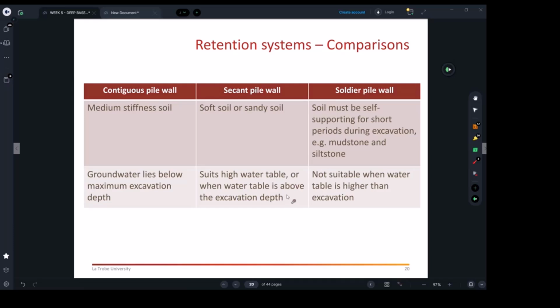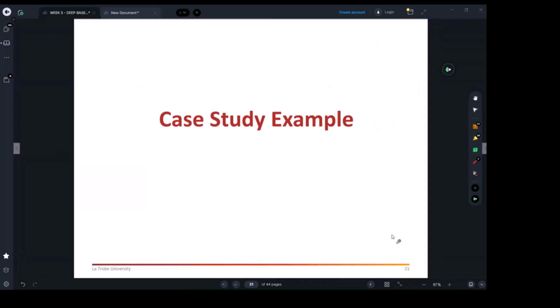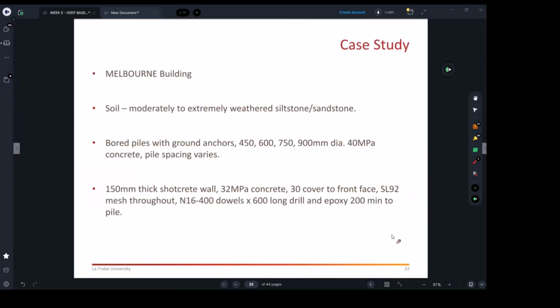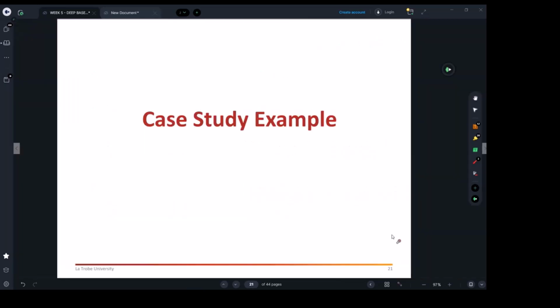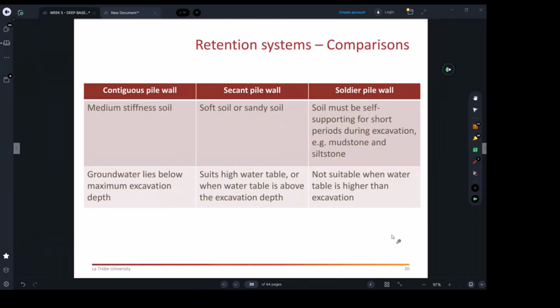It won't give you 100% waterproofing, but it will prevent water seepage between the walls. The others are not suitable for water tables, and if you have one, it is definitely not a choice for you. So that was a simple comparison. Any questions so far?